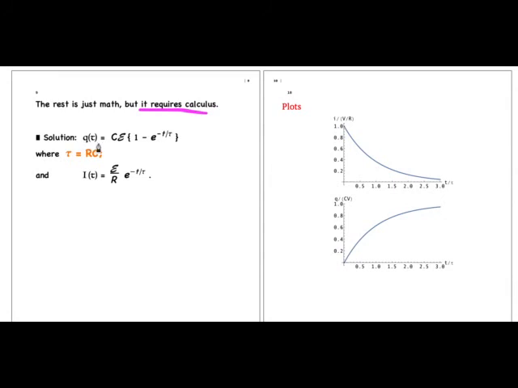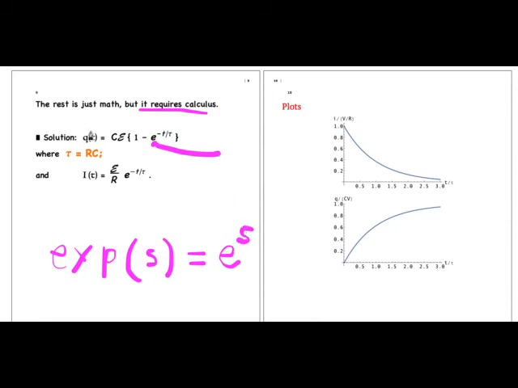Q at time t is CE times 1 minus e to the minus t over tau, where this is the exponential function. So the exponential function of some variable, let's call the variable s, is also written as e to the power s, where e is Euler's constant.